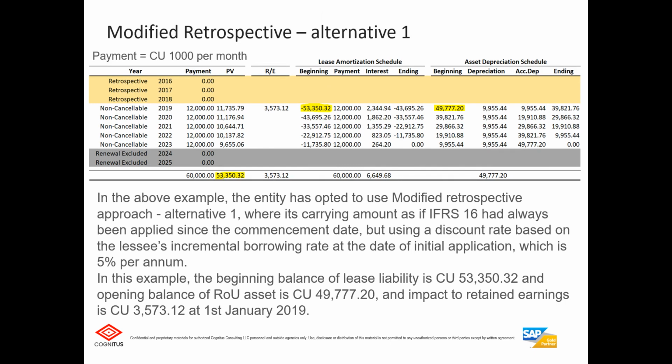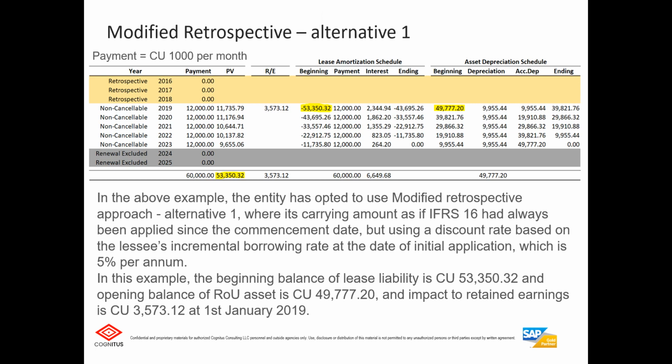In this example also, the beginning balance of lease liability is 53,350.32 currency units, the opening balance of right of use asset is 49,777.20 currency units, and the impact to retained earnings is 3,573.12 at 1st January 2019.